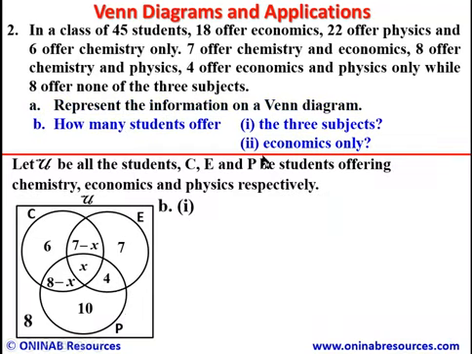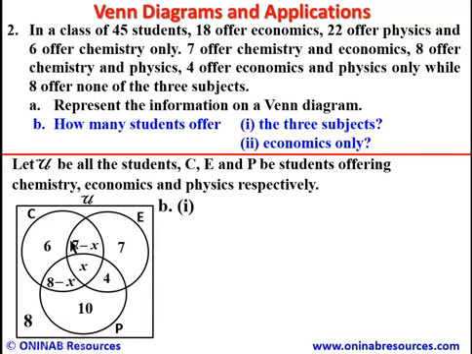For problem B1, to calculate the number of students offering the 3 subjects, it means we are to find the value of x, and be informed that we have 8 groups of students here. Those offering the 3 subjects, those offering chemistry and physics only, chemistry and economics only, physics and economics only, chemistry only, physics only, and economics only, including those offering none of the 3 subjects.